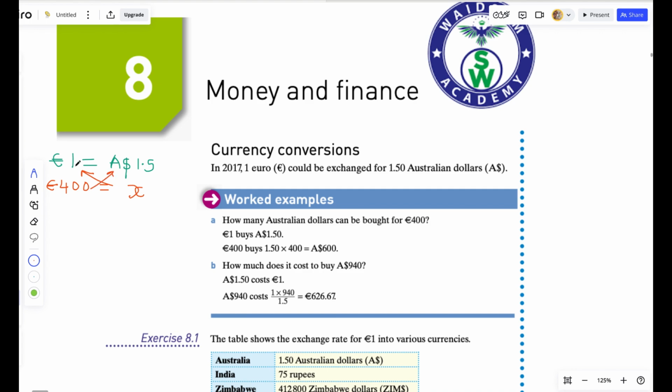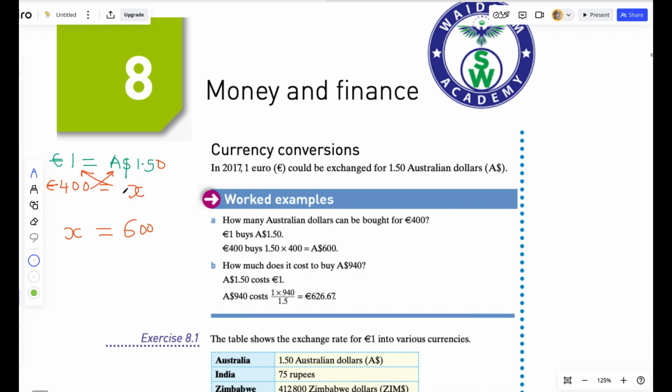If we multiply 1 times X, we get X, since 1 times anything is the same as that thing. So we get X Australian dollars equal to 1.50 times 400. I think this will be 600, right? 1.5 times 400 is 600.